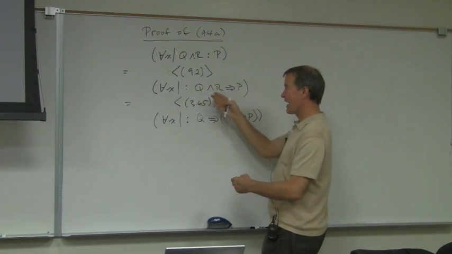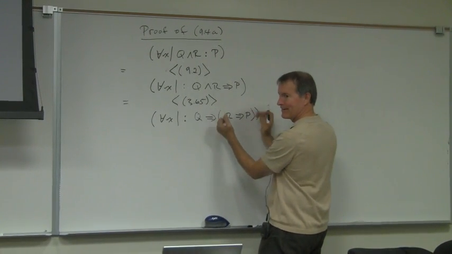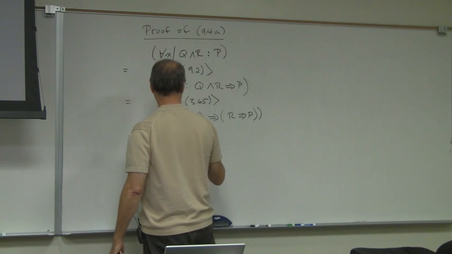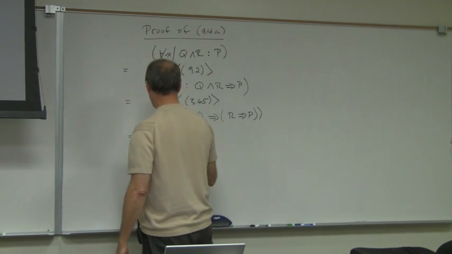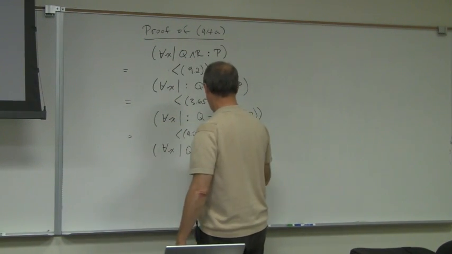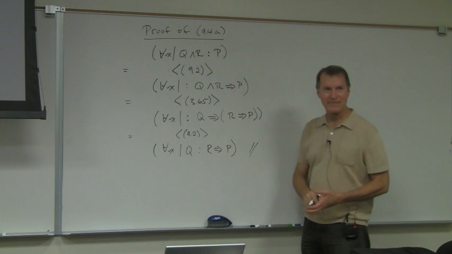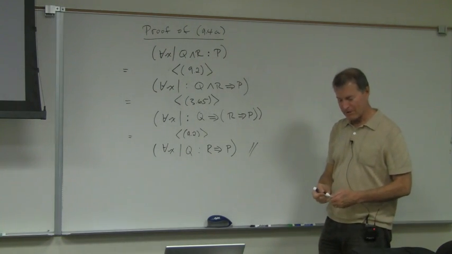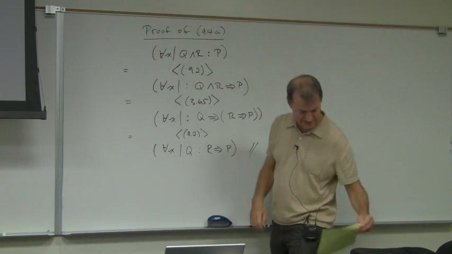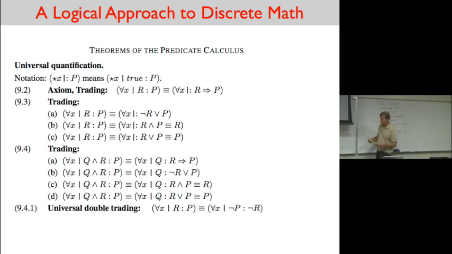We go back to 9.2 again, only this time, this whole thing is our P. So this equals by 9.2, for all x range Q, body R implies P. Boom, we're done. Are we good? Are you with me? Good. All right. Good deal. So that's the proof of 9.4a.